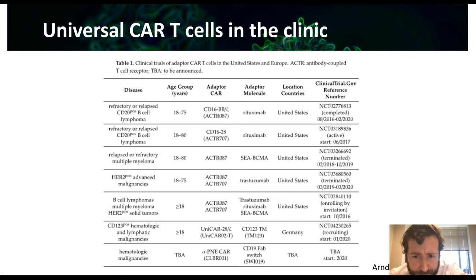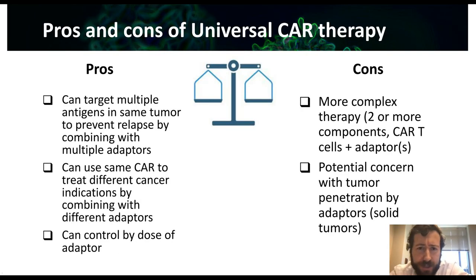And so these are very exciting, and we hope to advance the SNAP-CAR T-cell therapy also to trials in the near future. So in general, there are several pros to CAR T-cell therapy, but there are also some limitations, and I just wanted to review those here. So the pros are that universal CARs can target multiple antigens in the same tumor in order to potentially prevent relapse, because you can combine the universal CAR T-cells with multiple adapters to target different antigens at the same time.